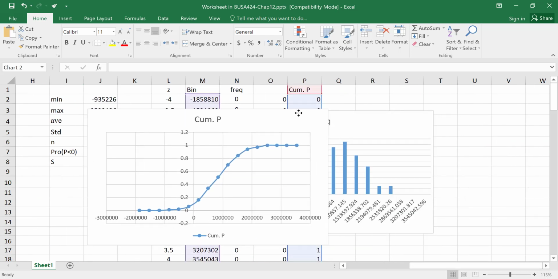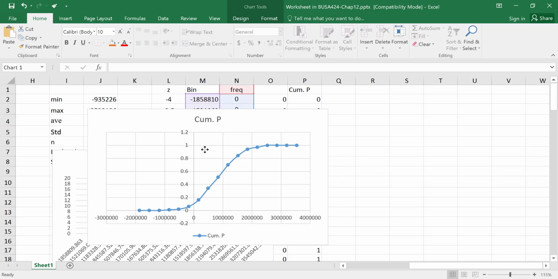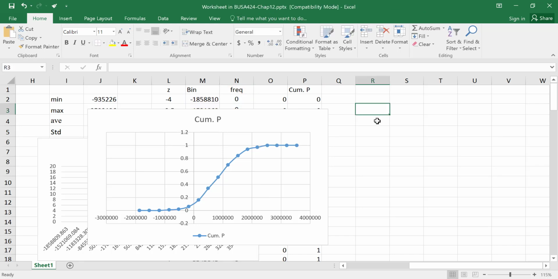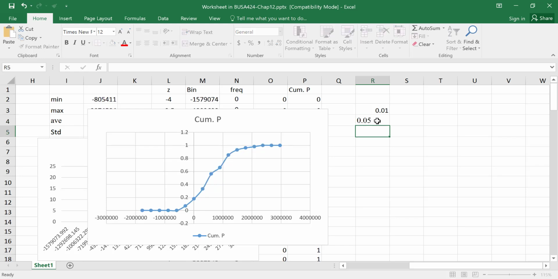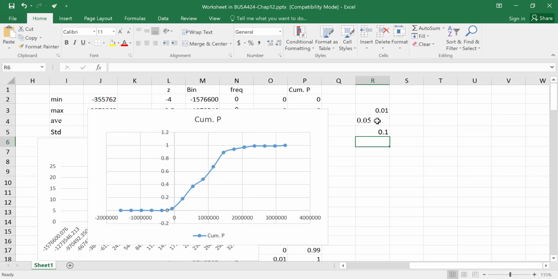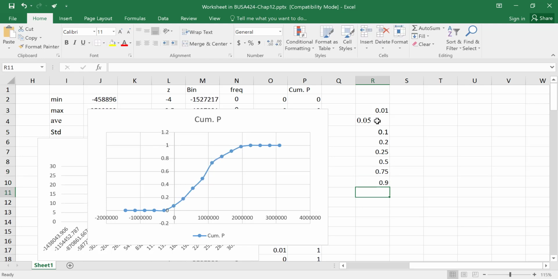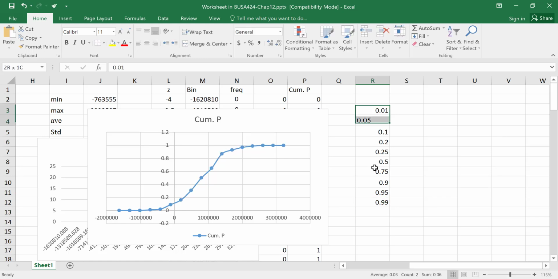But there is one more measure that we can get for the simulation, that's frequency. So let's have some numbers, starting from 0.01, then 0.05, 0.1, 0.2, 0.25, then 0.5, 0.75, 0.9, 0.95, and 0.99.